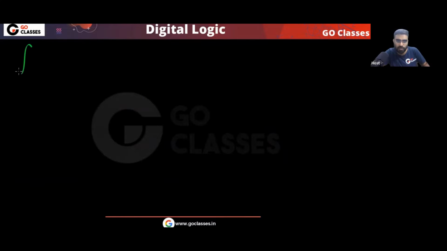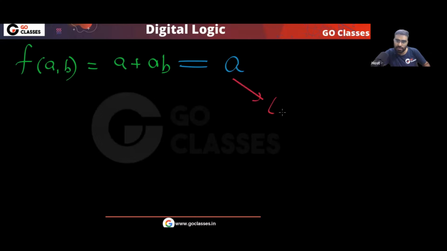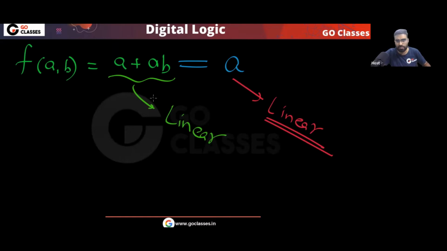So remember this point. Please understand that F(A,B) equal to A or AB. This is equal to A. This is linear, so of course this is also linear because they are same. Both are linear.